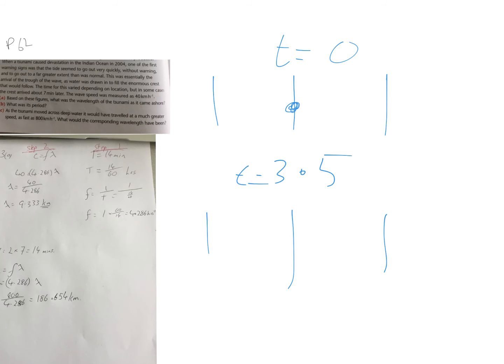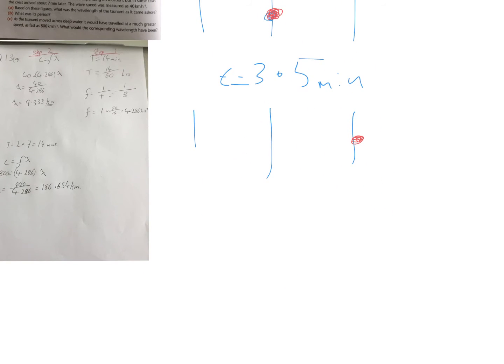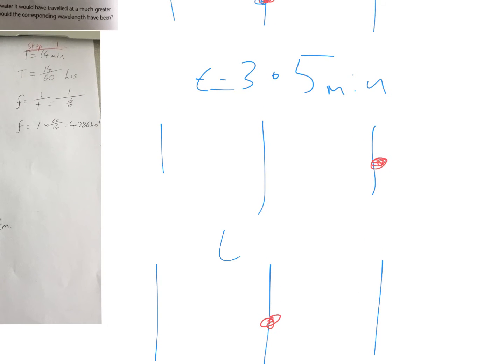So if we want to visualize this, here's its equilibrium position where the water started off, and then the coastline gets moved out to here at a time of 3.5 minutes. Then at the 7 minute position, it's come back to the shore. So it's back here, right? However, this is not a full time period. The full time period would be how long it takes to repeat one full cycle of the wave.